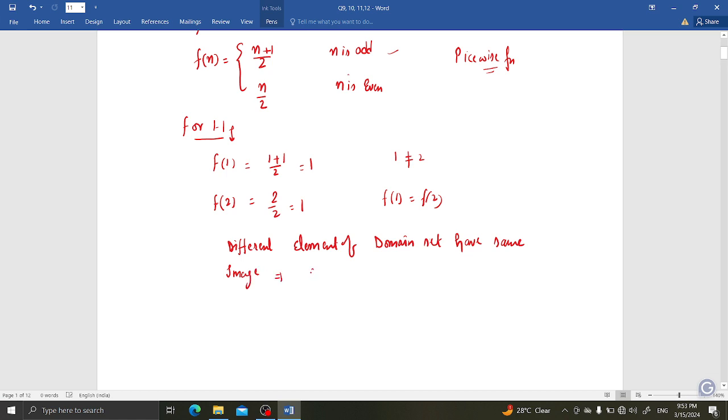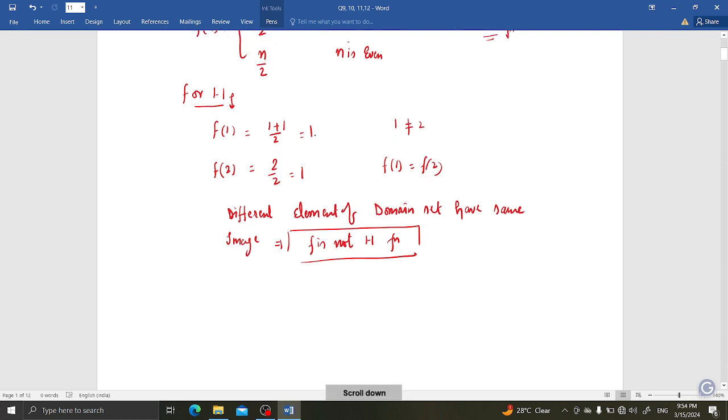It implies that f is not a one-one function. Here I gave the example 1 and 2; you can take another example also, x1 is 3 and x2 is 4, and observe that f of 3 and f of 4 are both the same, while 3 and 4 are unequal.